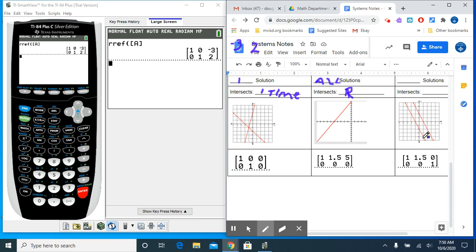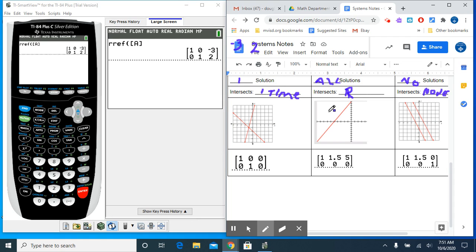And finally, if you have parallel lines, there is no solution. And intersects none. And they're parallel lines. Well, a matrix equivalent to no solution is with a 0, 0, 1 on the bottom.